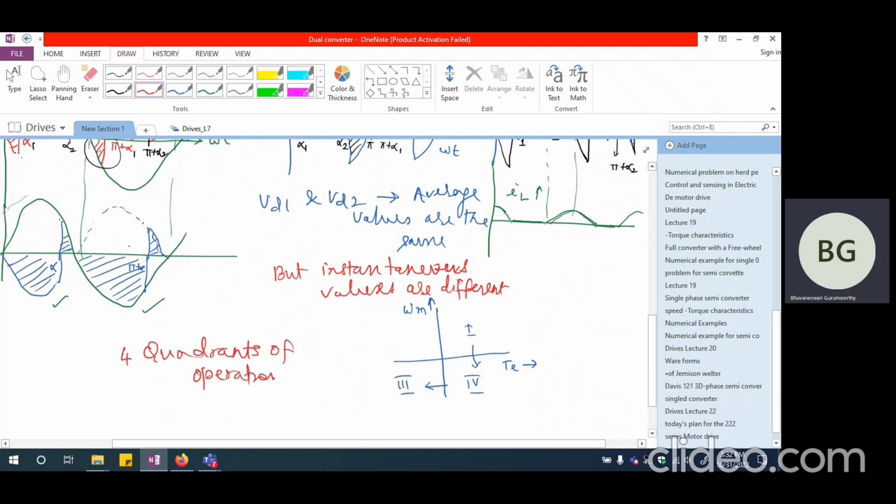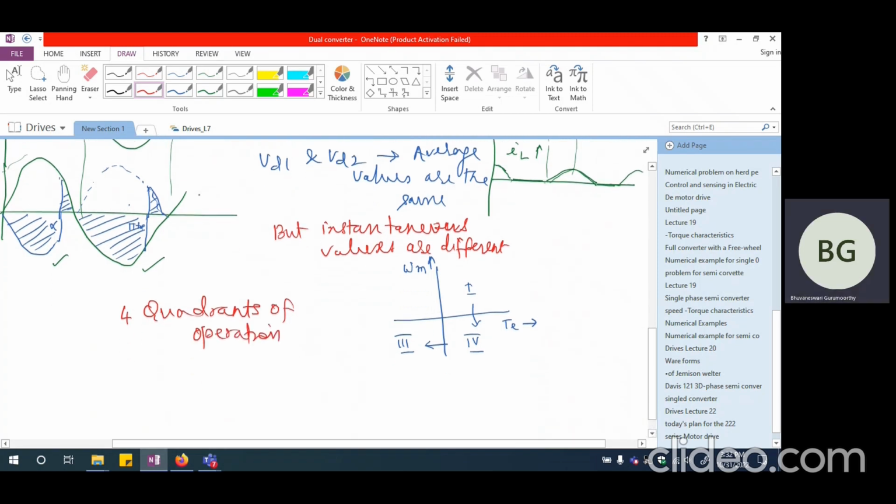So just to reiterate, we should be able to say that a fully controlled converter gives two quadrants of operation, that is forward motoring and forward regeneration.